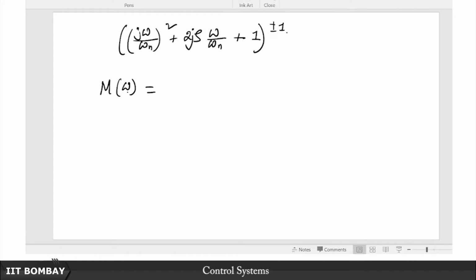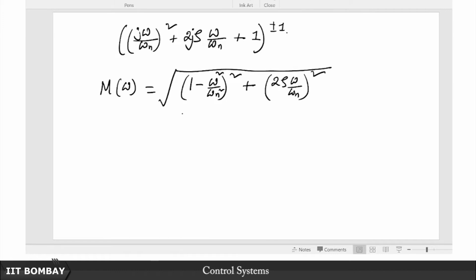So then we have 1 minus (omega upon omega n) squared as the real part, plus 2 zeta omega over omega n as the imaginary part, squared, and then we take the square root of this whole thing. This is going to give us the magnitude function.